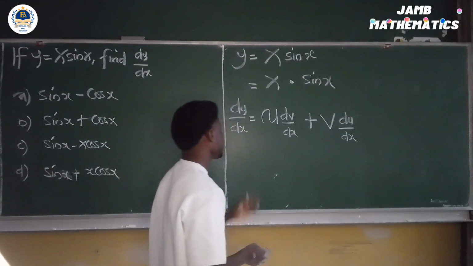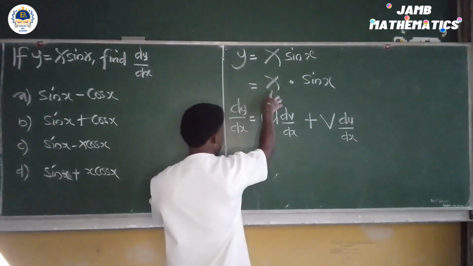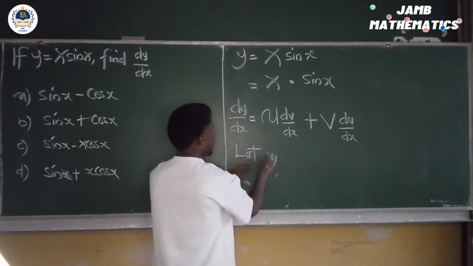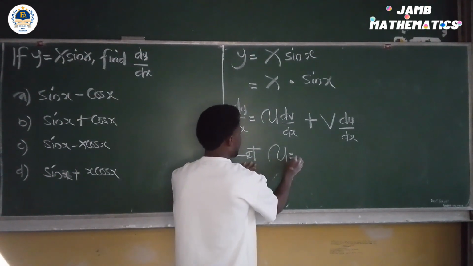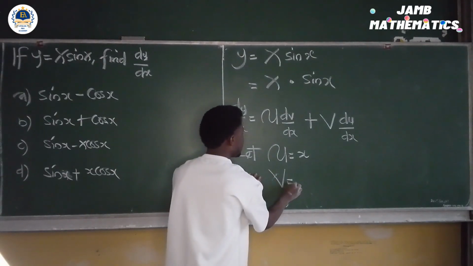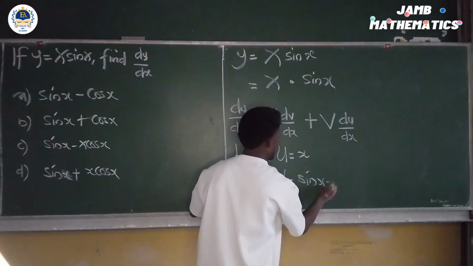Now on the board, since y is the function of this, we can say that let the first term u equal to x and v equal to the next product sine x.